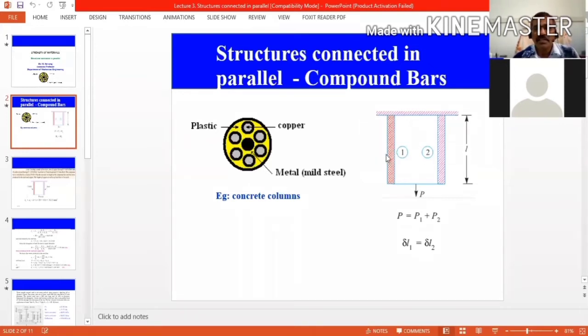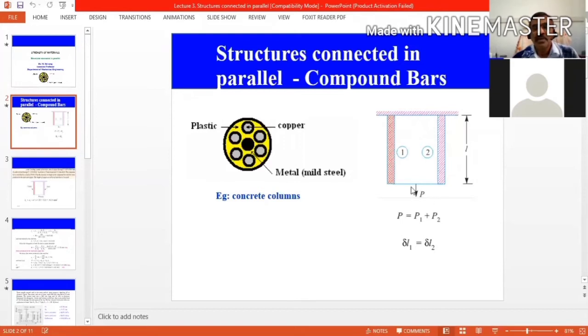Now consider there are two metals, metal 1 and metal 2, both joined together as a compound bar, and load P is applied.